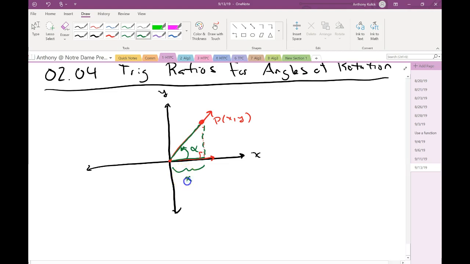It's x long, right? Because our point is x over. How long is this? Y. How long is the hypotenuse? It's the square root of x squared plus y squared. It's just the Pythagorean theorem.